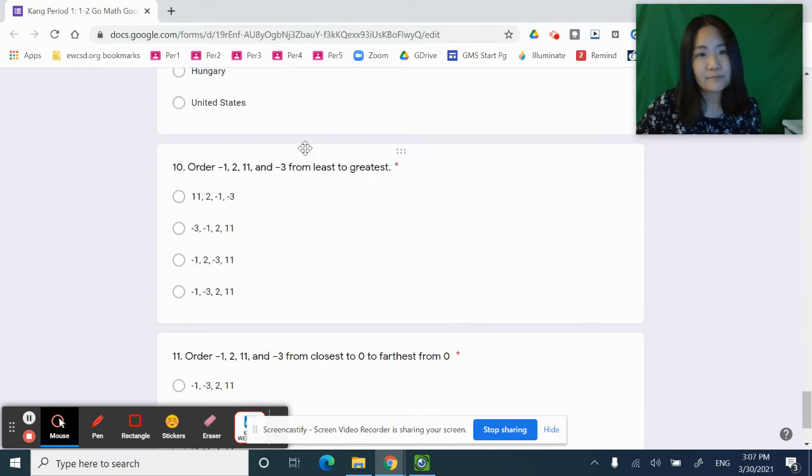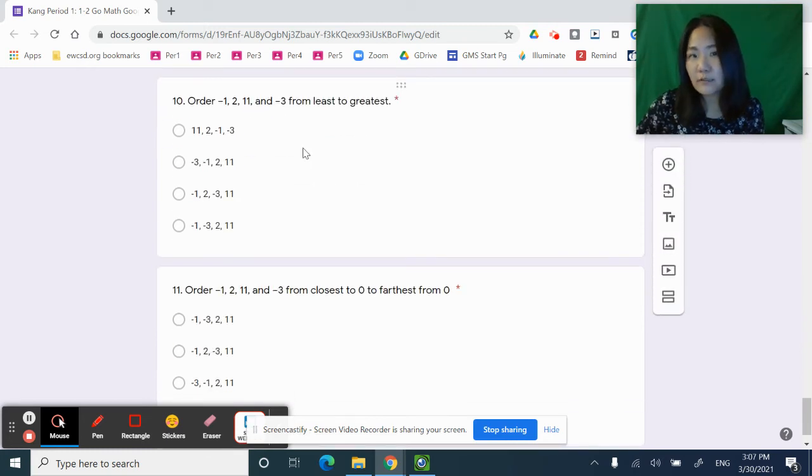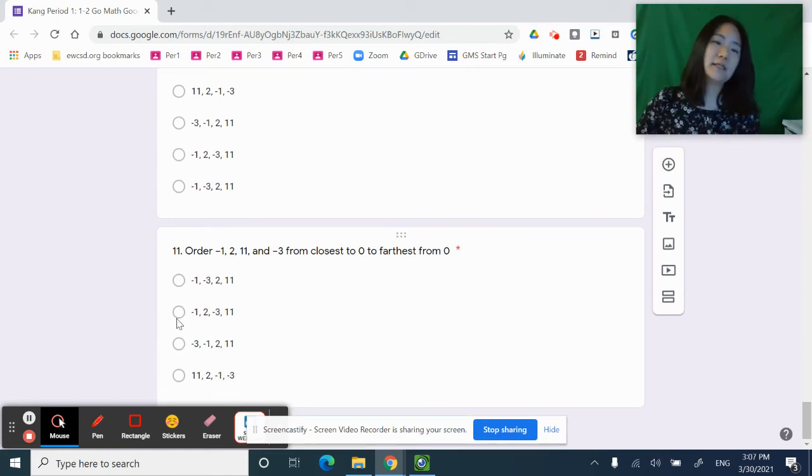Okay. Number 10, order -1, +2, 11, and -3 from least to greatest. Okay, so we've done a few problems like that, so you can try that yourself. But I will talk about number 11. Order -1, 2, 11, and -3 from closest to 0 to farthest from 0.